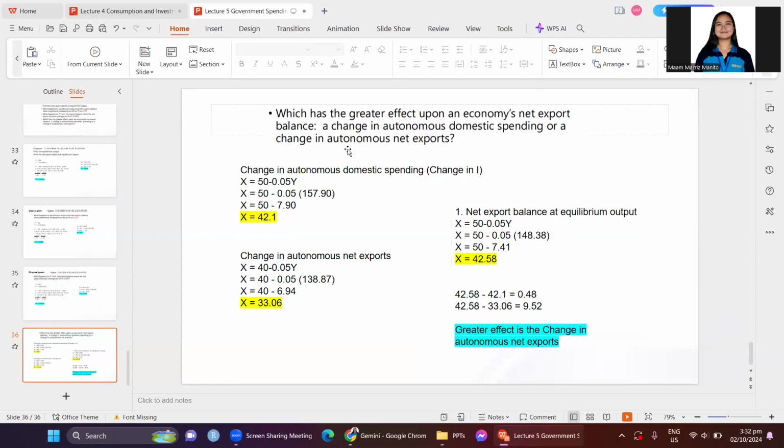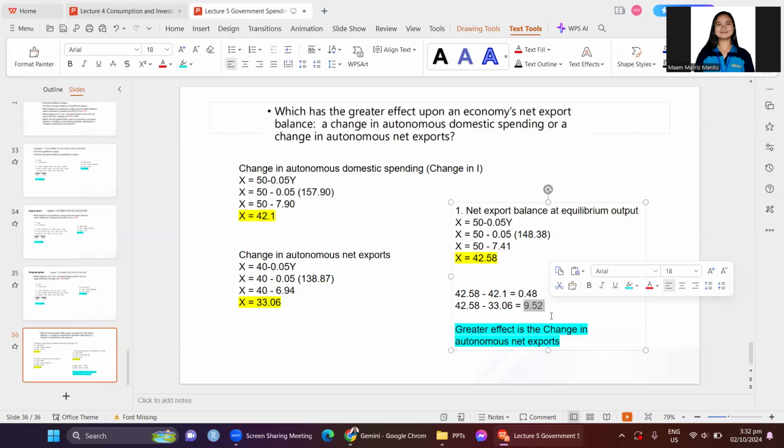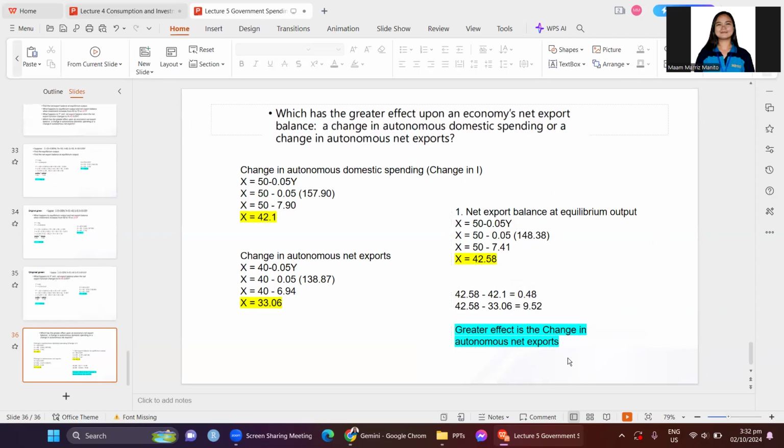The one with the greater effect is the one with the greater change. So, meaning, this 9.52, since it is a big difference from 0.48, which is the net export balance at equilibrium output minus the net export balance with the change in investment. So, this is bigger. That's why the answer is there's a greater effect in the change in autonomous net export.